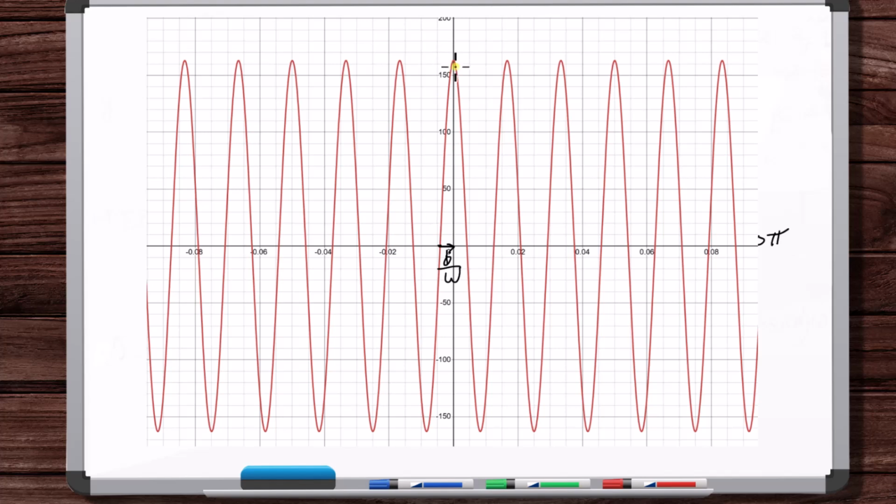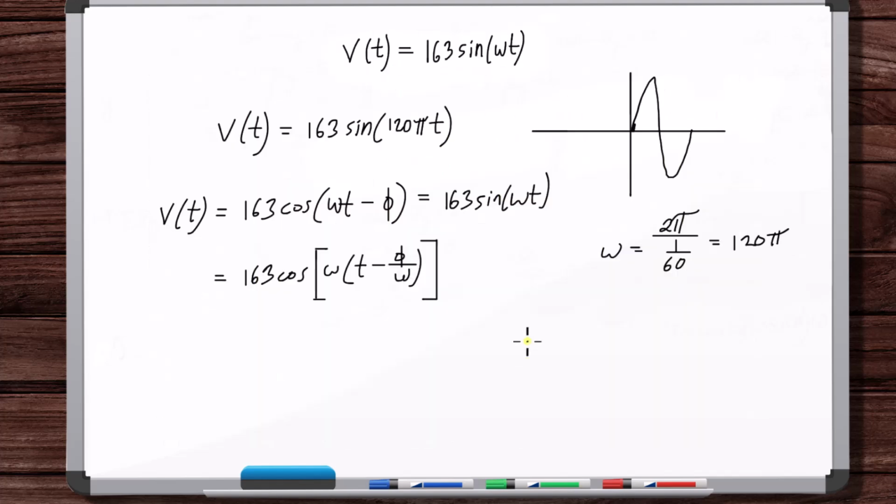Well, we know that one cycle is a 60th of a second. But we can see that this is a quarter of a cycle. So what is 1/4 of a 60th? That's 1 over 240. So psi over omega is equal to 1 over 240. We have omega, so we can solve for psi.